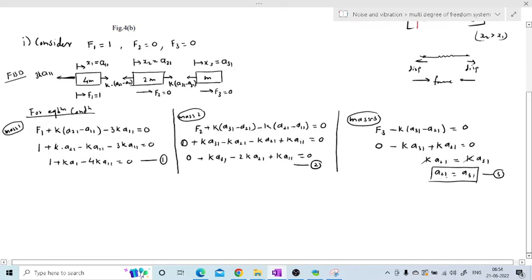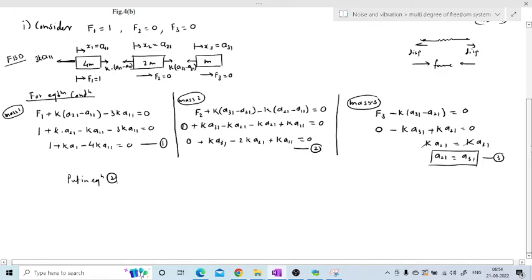Now put this value A21 in equation 2. So equation 2 will become K. We know the value of A31 is A21, so instead of K A31, I'll write K A21 minus 2K A21 plus K A11 will be equal to 0.